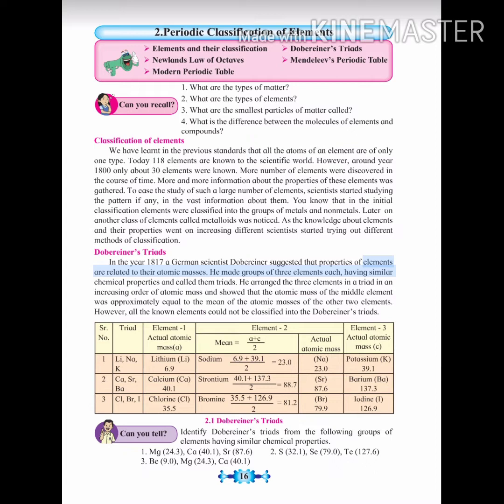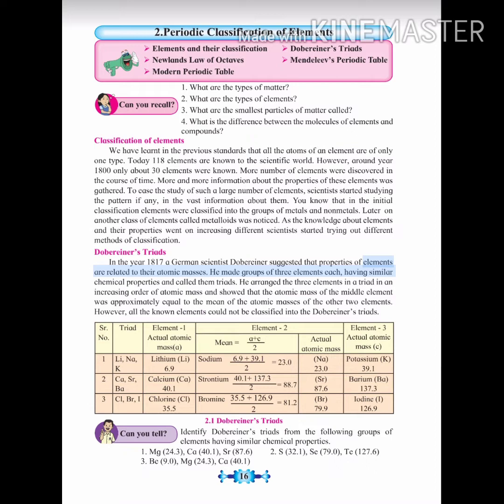That means whether they are donating electrons or receiving electrons. As research went on and new elements were discovered, different scientists had their different theories, their different ways of classifying those elements. Back then only 30 elements were classified, and today we have 118 elements discovered, and all are well classified in the modern periodic table that you will see further.